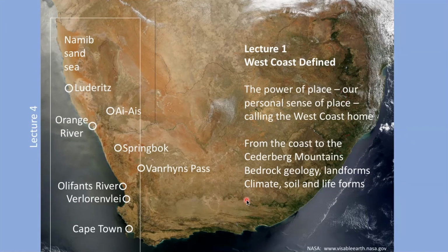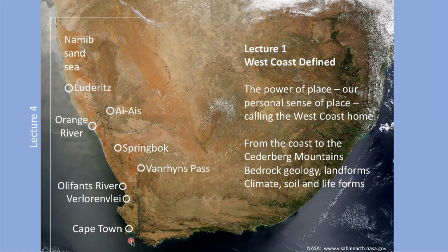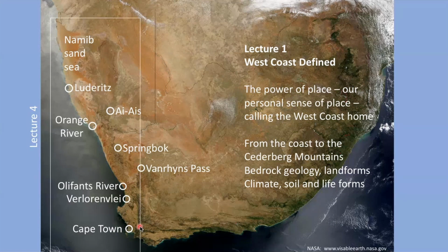Now this is lecture 4. In lectures 1, 2, and 3 we've tended to focus on an area of the West Coast that's roughly an hour and a half drive from Cape Town, so areas that are very accessible for those who live in Cape Town.